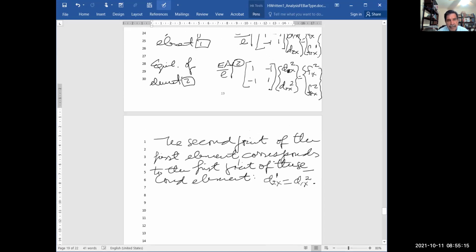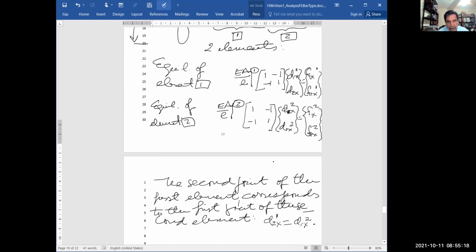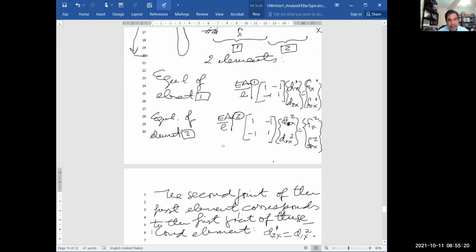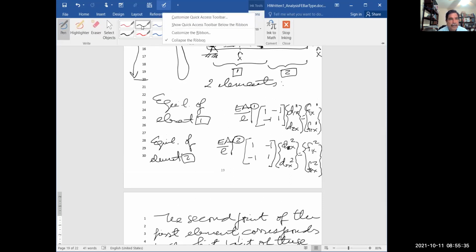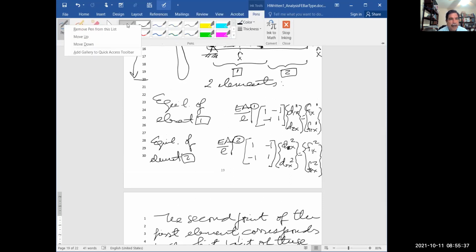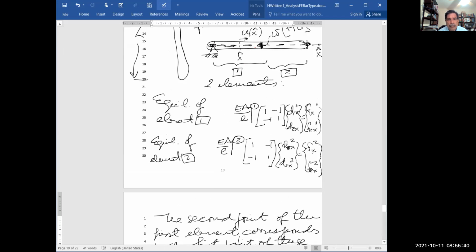What else? We see that this joint, which is a common joint, could have some external force. Let's try to see if we can draw it with different colors. This force is the external force, but this external force has to be split.